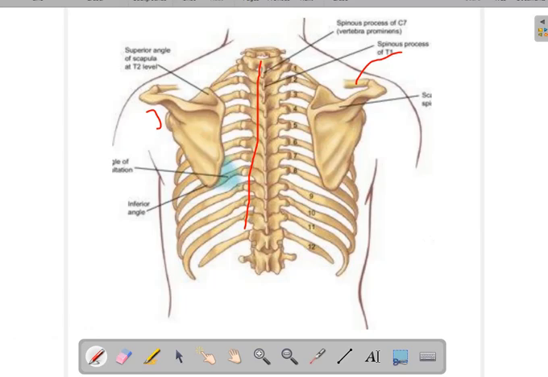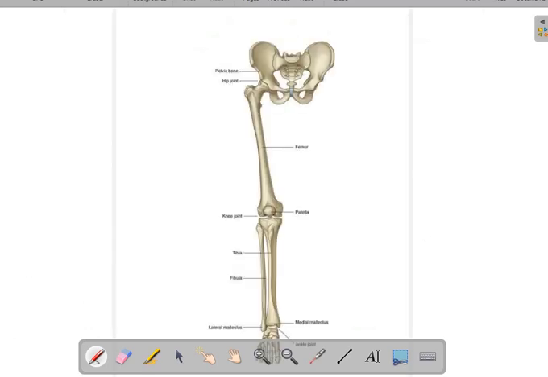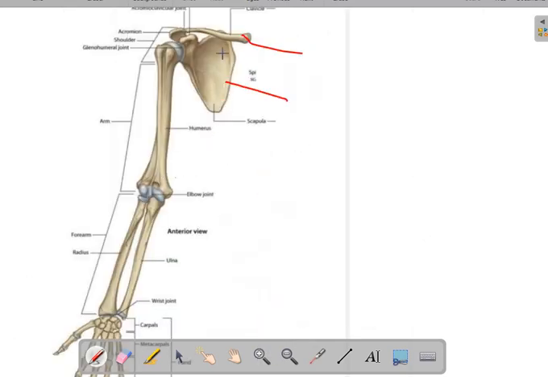These are the bones of the upper limb. Here, this is the clavicle. This is the scapula, forming the bones of the pectoral girdle. This is the humerus. The humerus forms the bone of the arm. This is the radius and the ulna.